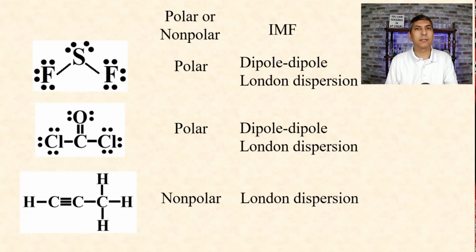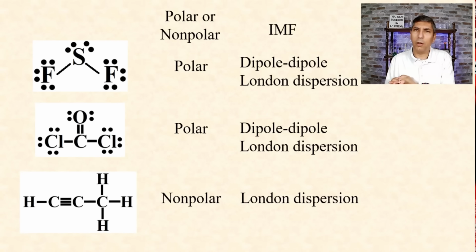Now, we need to realize there's this thing called hydrogen bonding as well. If you have a molecule that has a hydrogen bonded to an F, O, or N atom, it's going to have hydrogen bonding. Hydrogen bonding can be classified as a kind of a type of dipole-dipole force. If you have a molecule like water, you want to say it has London dispersion forces and hydrogen bonding.